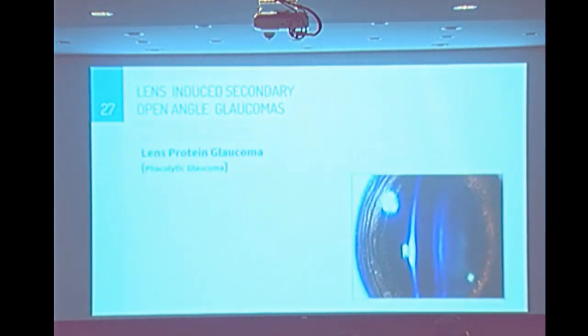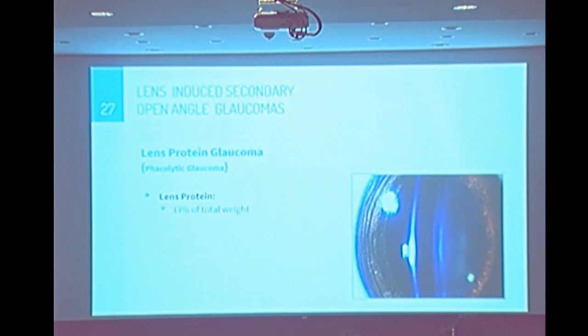Let us go a little bit to physiology. Regarding lens protein glaucoma, to understand the mechanism, as Flock said, it is phacolytic due to the macrophagic response, with swollen macrophages engulfing the lens protein and closing the trabecular meshwork.